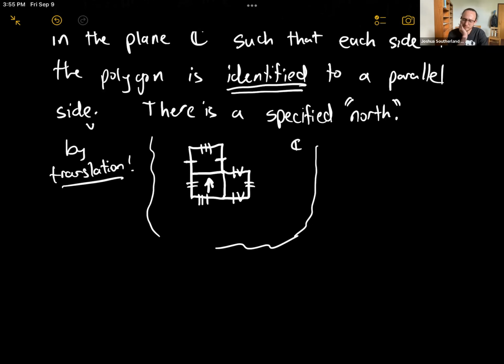Cool. So in some sense, it's a flat surface. Once you make this identification, you get this compact object that's flat. But it can't be completely flat because of Gauss-Bonnet.